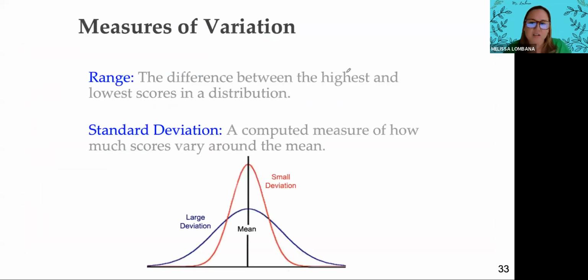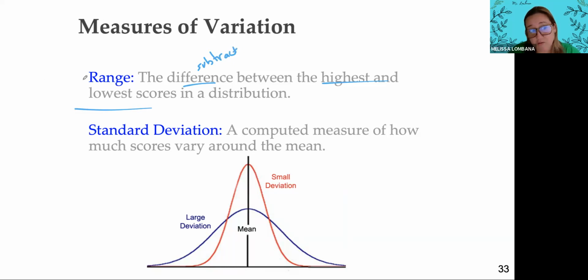The range is basically the difference between the highest and the lowest score. If the highest score is 100 and the lowest score is 50, you just get those and subtract. That's why it's the difference. You subtract, and that will give you 50, right?